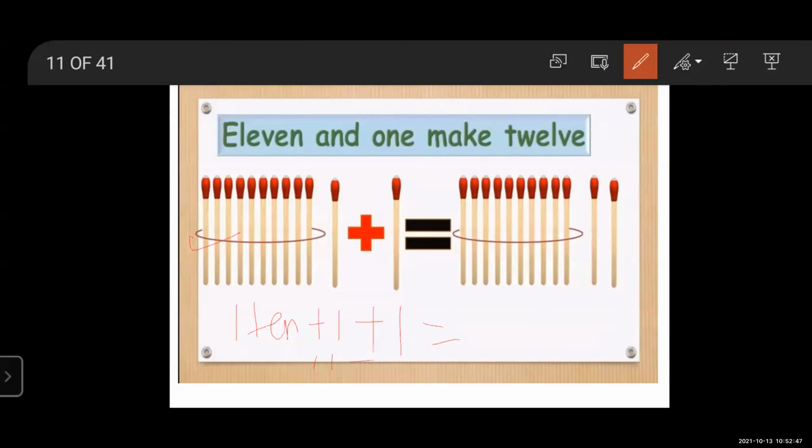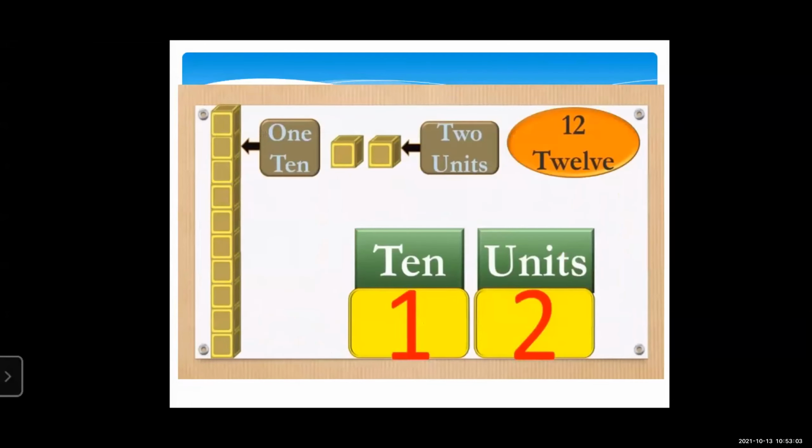So 11 plus 1 is equal to 12. See, this is the bundle of 10 objects, that is called 10. And these are the two matchsticks. So 10 plus 2 is equal to 12. Understood? Let's see the next example.